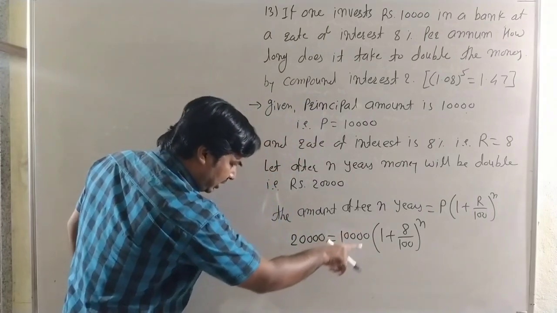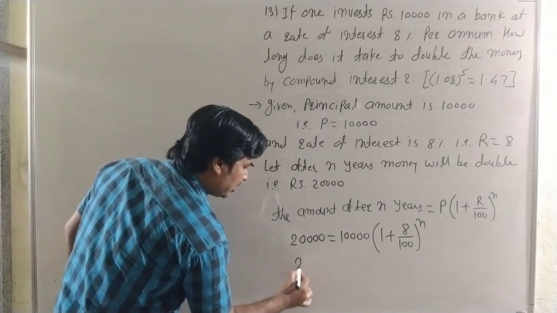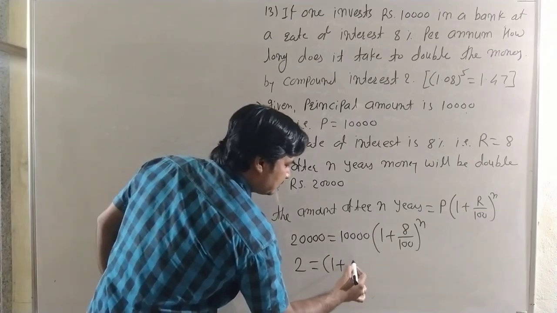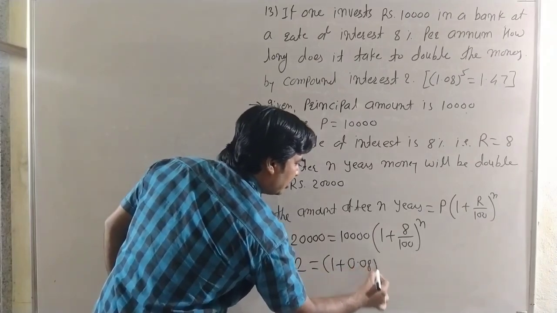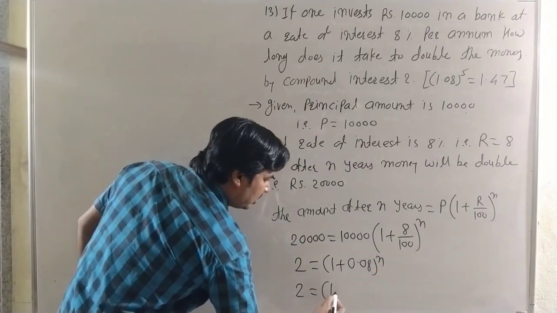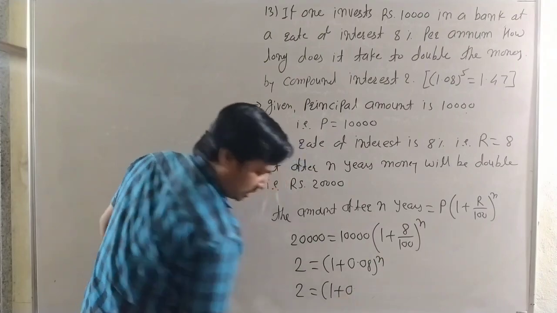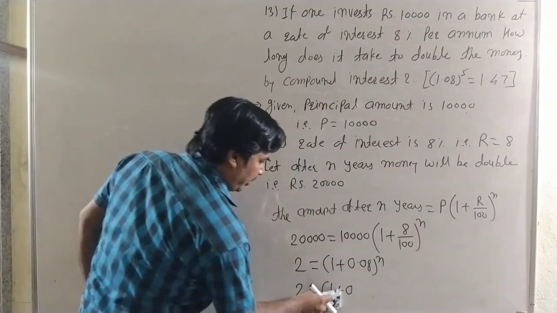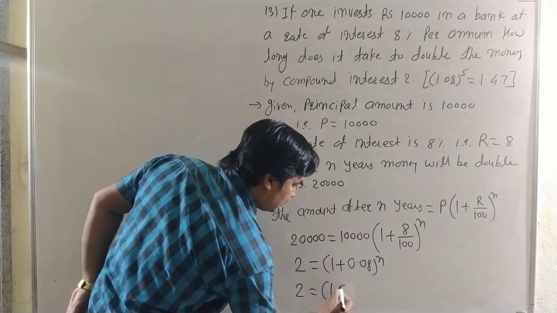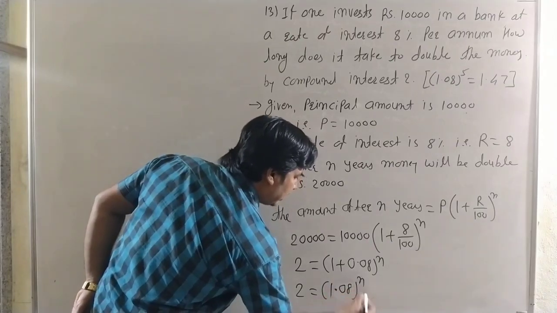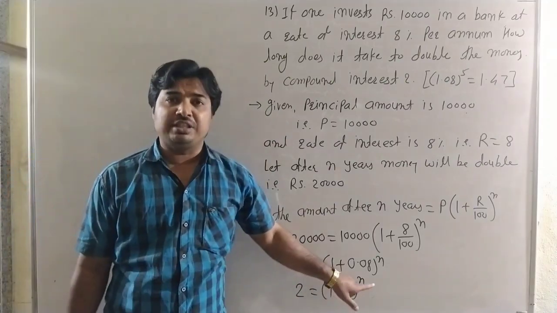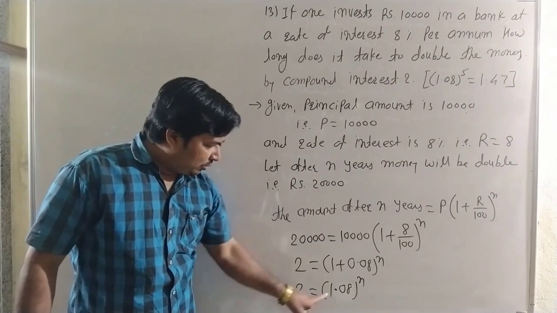Then dividing by 10,000, it will be 2 is equal to 1 plus 0.08 to the power n, that means 2 is equal to 1.08 to the power n. We want to find the value of this n.